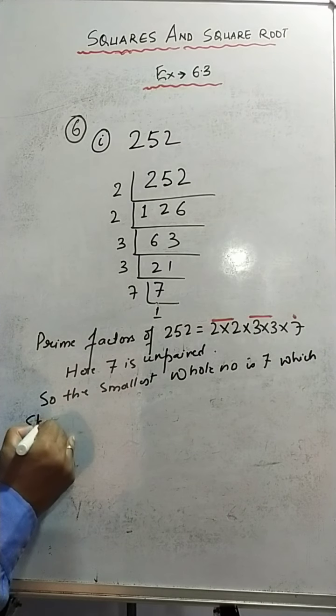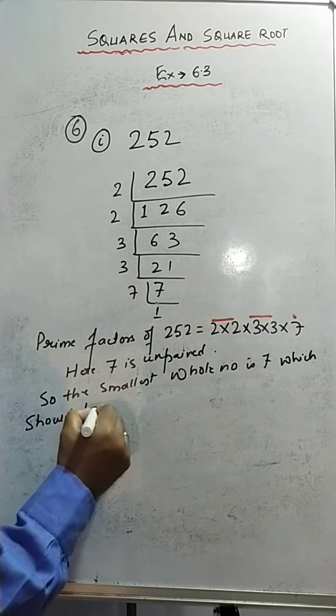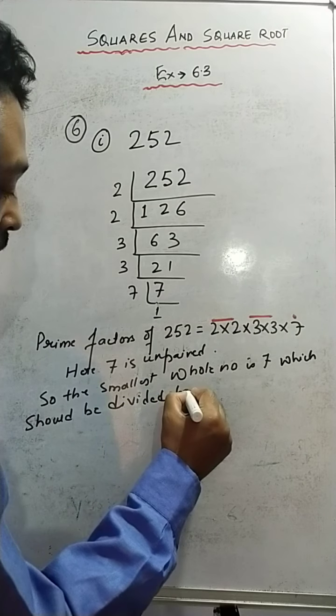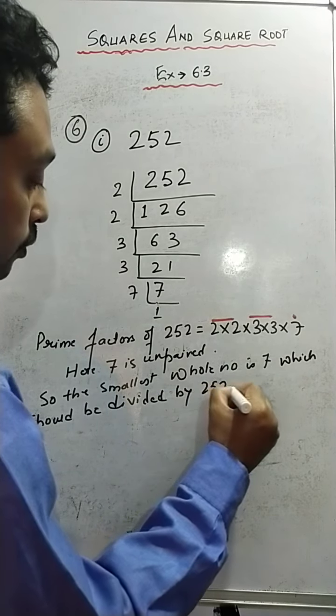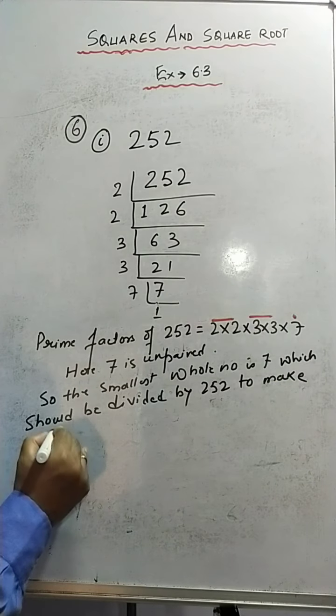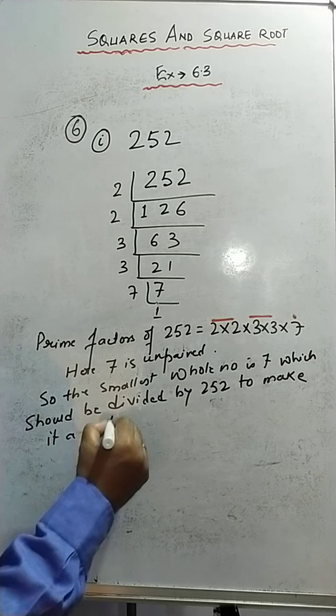So the smallest whole number is 7, by which 252 should be divided to make it a perfect square number.